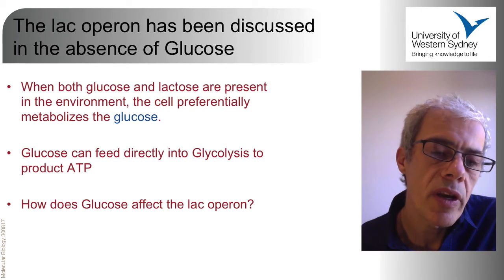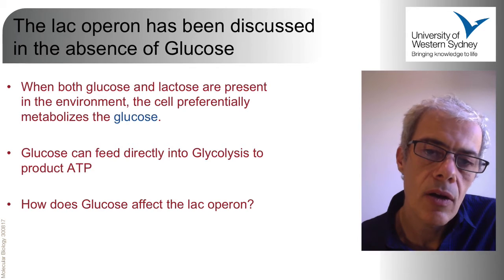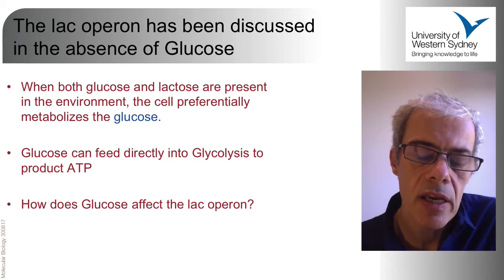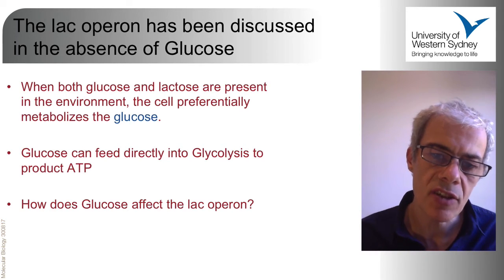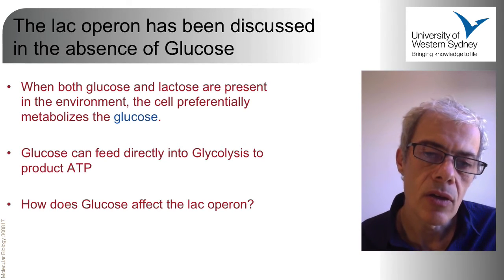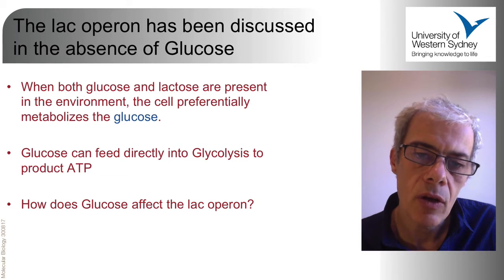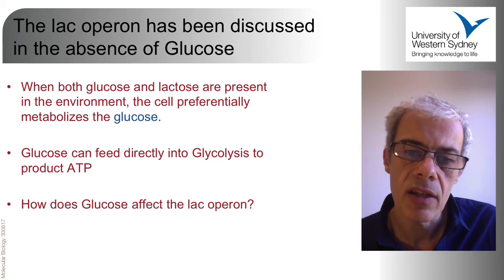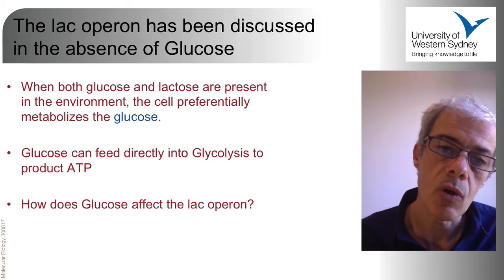So to this point, we've discussed the induction of the Lac Operon in the absence of glucose. And we know from a rational point of view that glucose is a preferred substrate, and that when glucose is present, even if lactose is present, the cell will preferentially use glucose, not lactose.